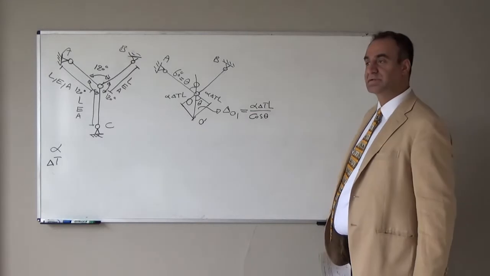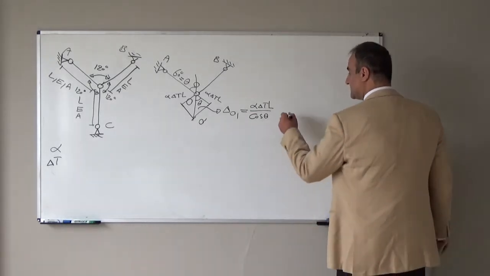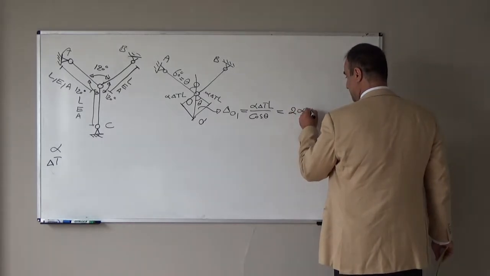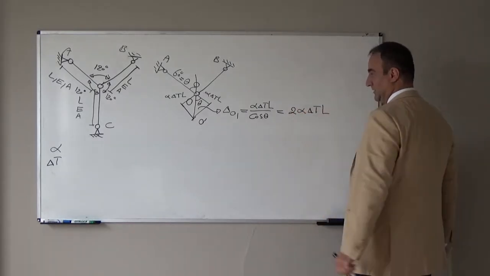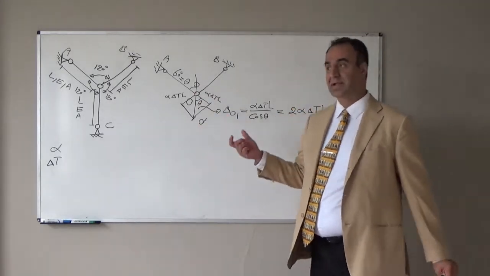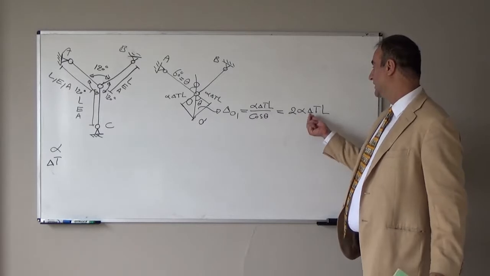Cosine 60 degree is 1 over 2. So this will be equal to 2 alpha delta T L. So this point O will move down, and we know the magnitude. It is 2 alpha delta T L.